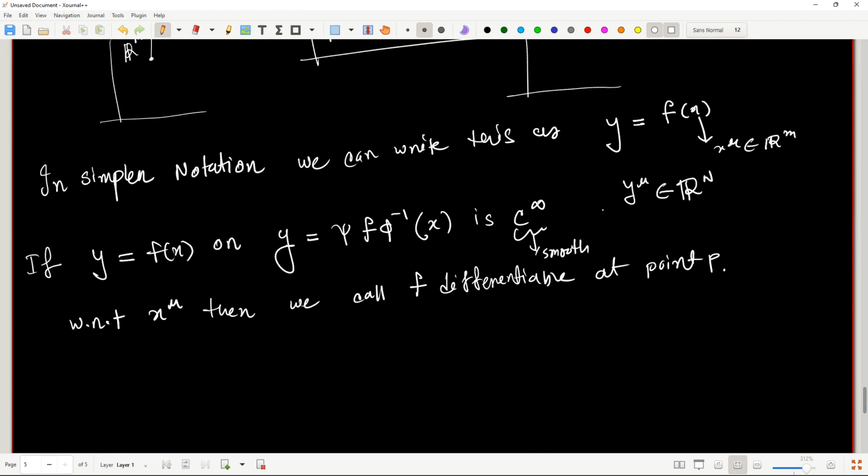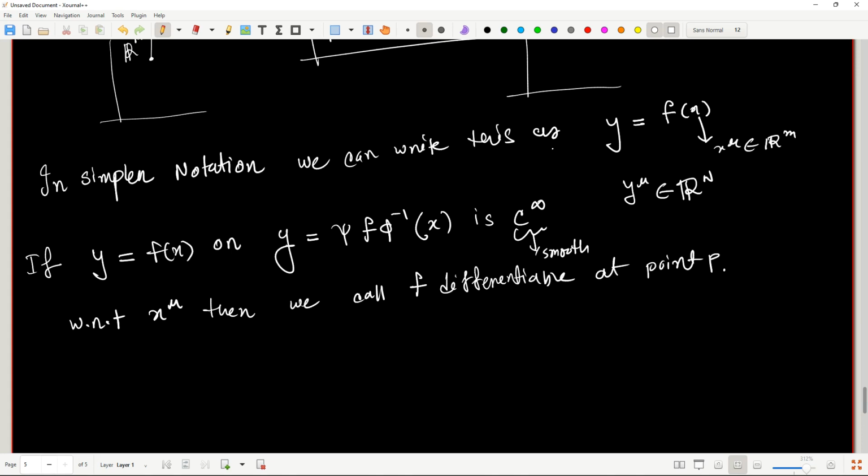So these are the maps we call differentiable maps. From one differentiable manifold to another, we can always define a differentiable map.